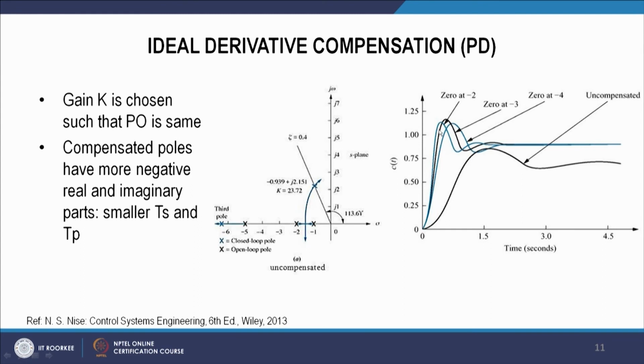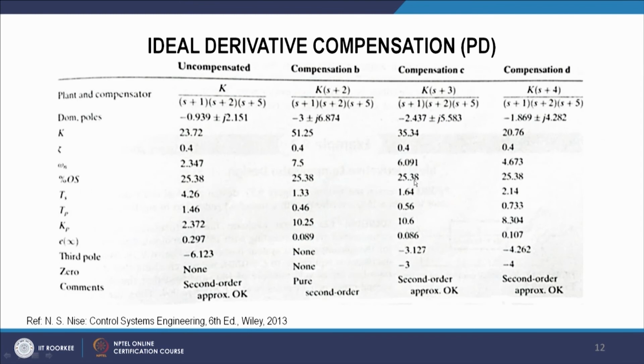However, we can see that at zero at minus 2, we have a faster response than at minus 3 and then at minus 4. We are getting the peak time less in case of zero at minus 2. So this we can understand from this table.